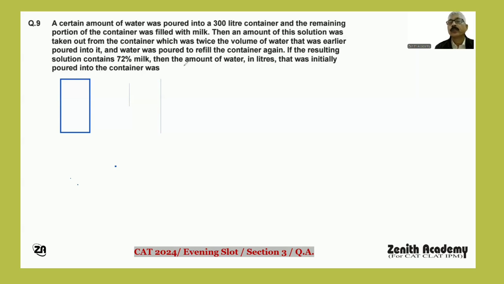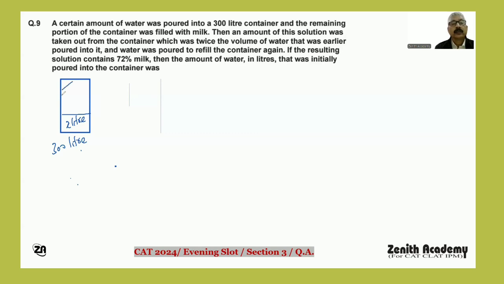Okay. So suppose this is a container and the capacity is 300 liters. A certain amount of water was poured into it, so suppose X liters of water poured here and the remaining portion of the container was filled with milk.